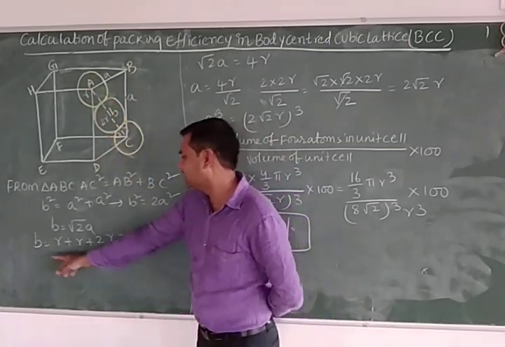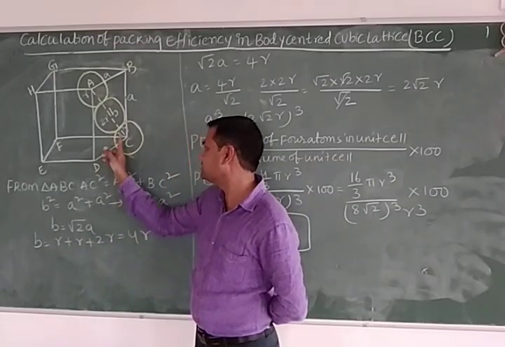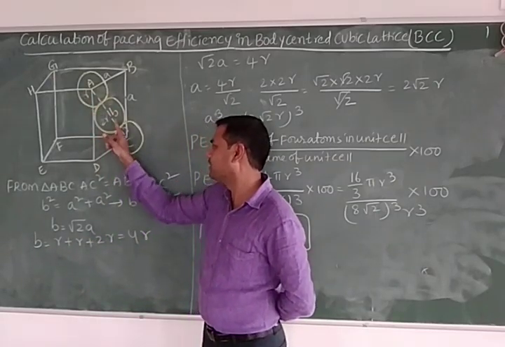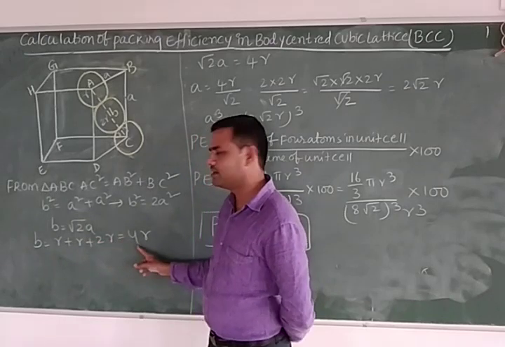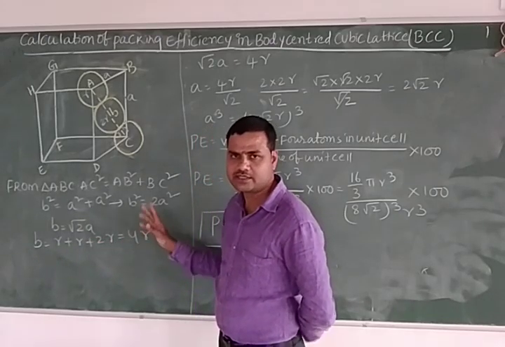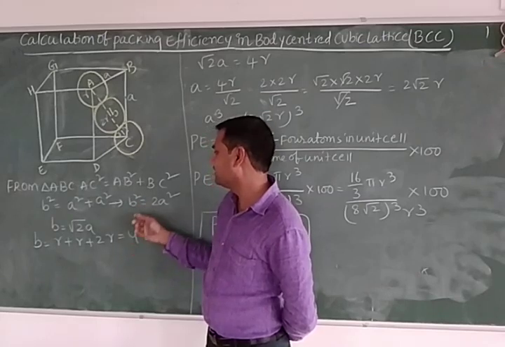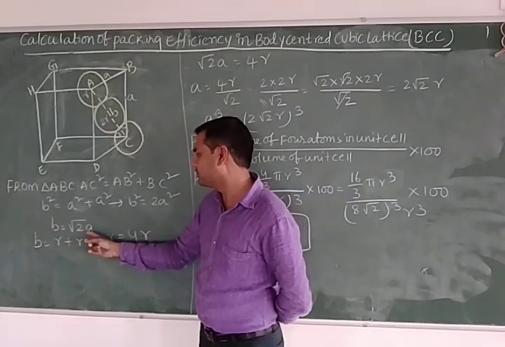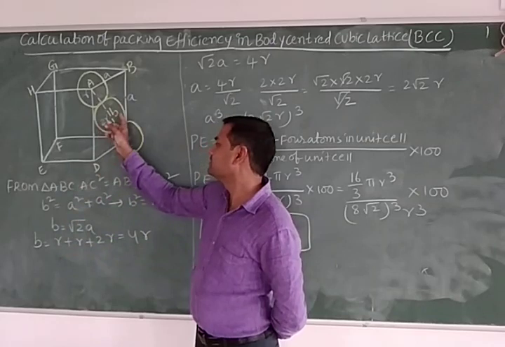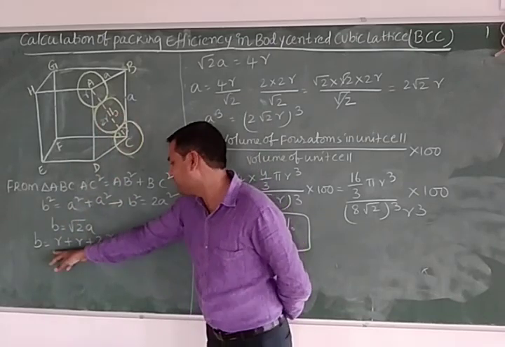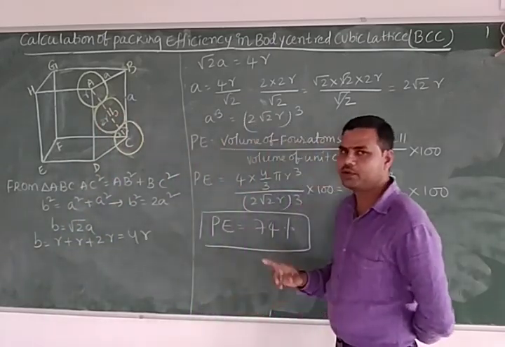Therefore the total value is that b is equal to r plus 2r plus r, which becomes 4r. Is it clear now? Here we got 2 b values. One is from the equation, b is equal to root 2 a. From the sphere radii, we get the b value as 4r. Therefore, both are equal.